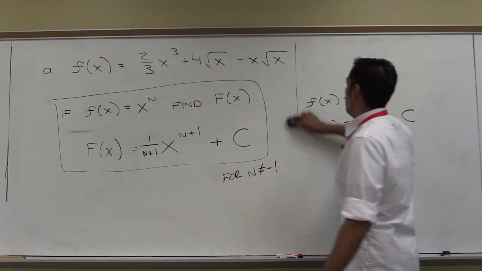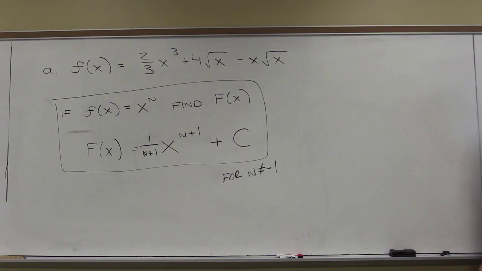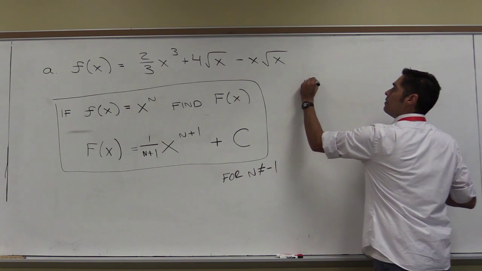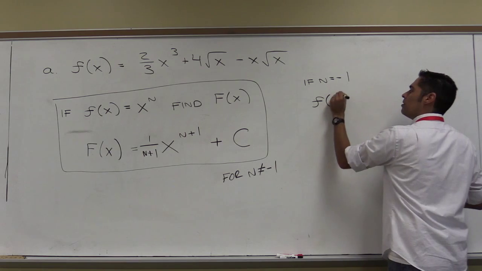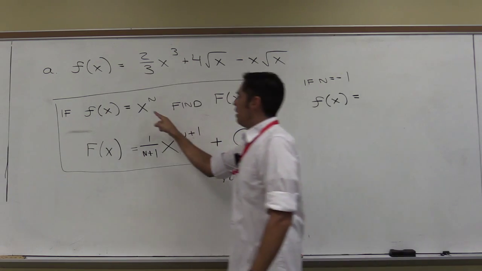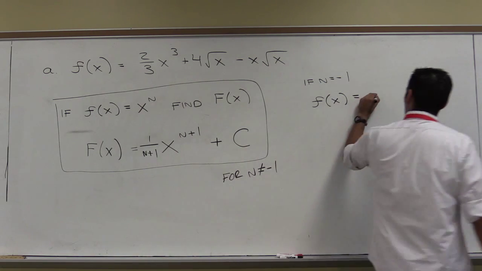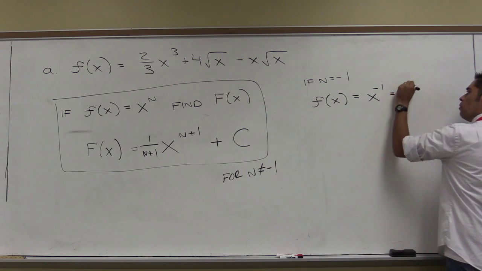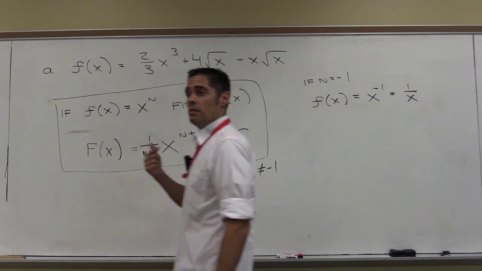But let's look at that one case. What if n is -1? Then what's little f? So if n equals -1, little f of x is actually x to the -1, which is 1 over x. And that's one that you should remember from Cal 1.